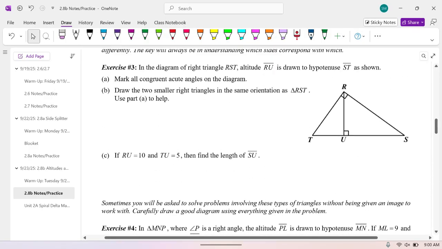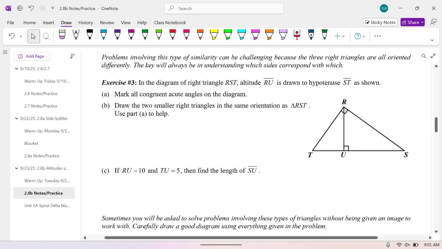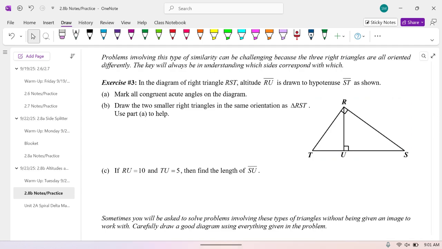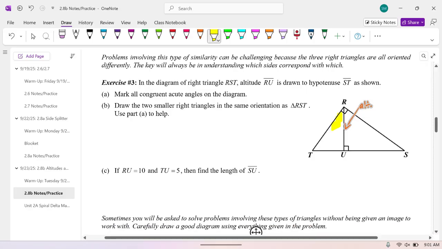So let's look at exercise 3. So in the diagram, the right triangle RST is drawn with the altitude RU. So here's our altitude. So if I look at all of the triangles as a whole, here's my small one.